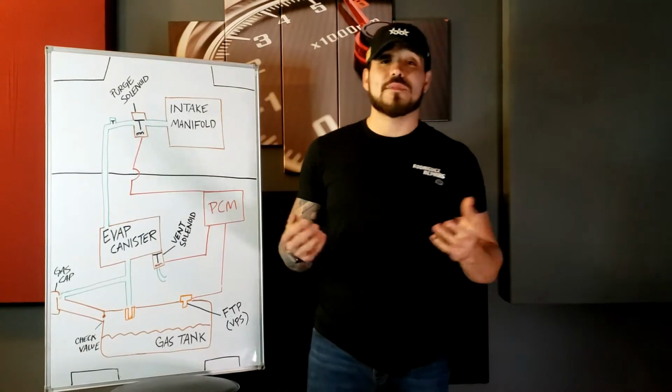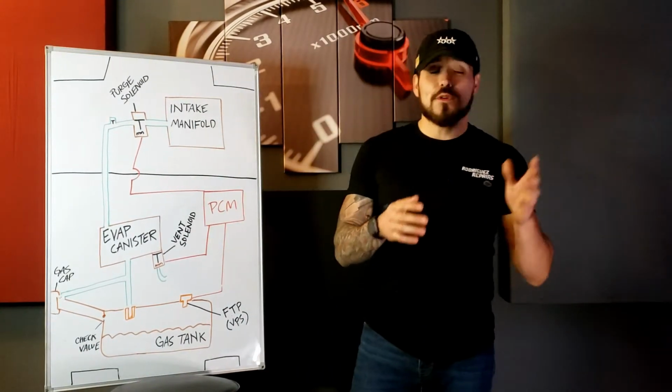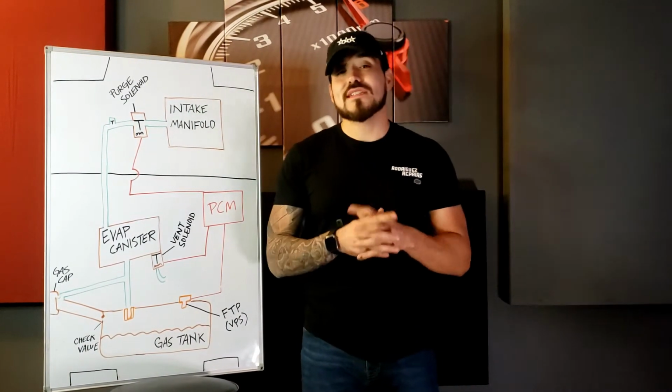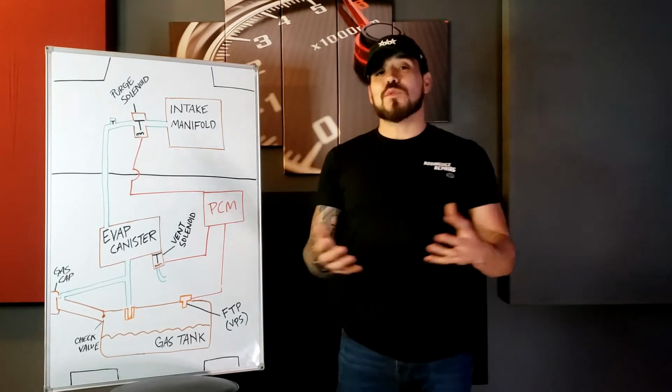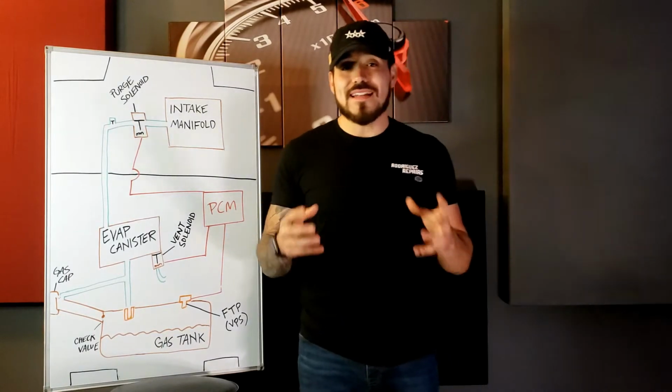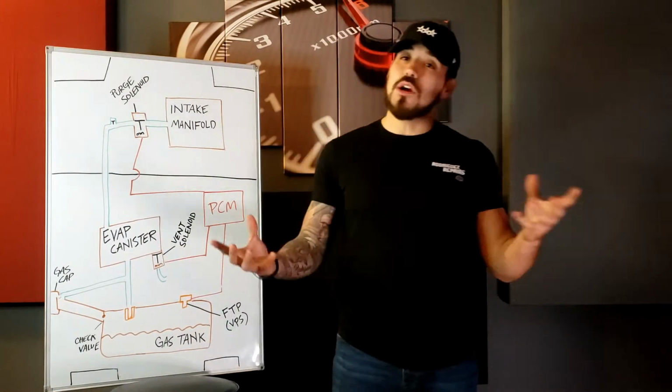Okay, so what is the EVAP system? The EVAP system stands for Evaporative Emissions, and it was established because before there wasn't any standardization regarding where the vapors inside the gas tank that accumulate go.